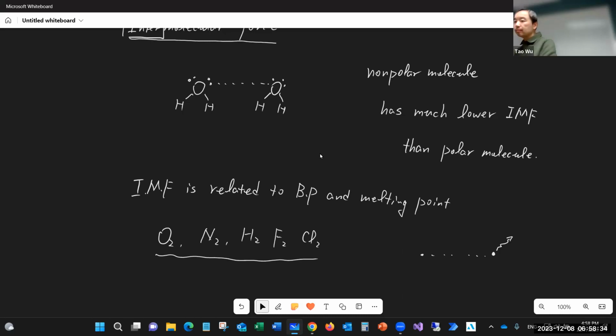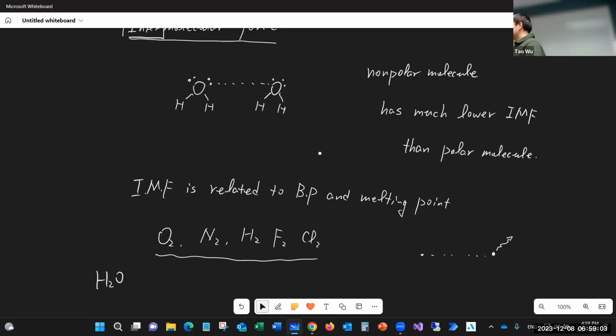But for those non-polar molecules, since the force is so weak, most of the time they are liquid or gas. Compare it to water, which is a polar molecule. What is the boiling point for water? 100 Celsius, right? But what is the boiling point for oxygen? That's going to be negative 200 something, really low.